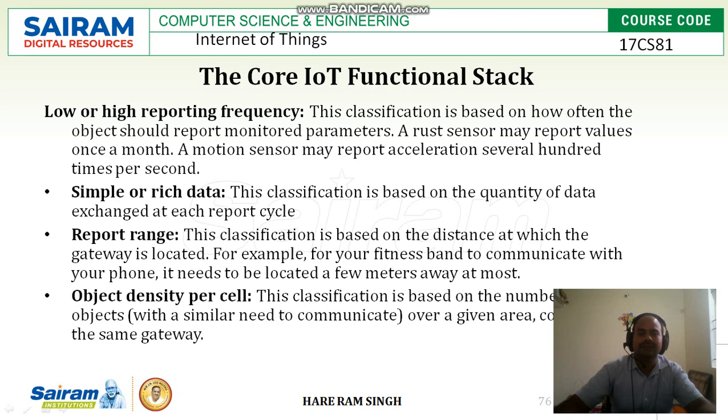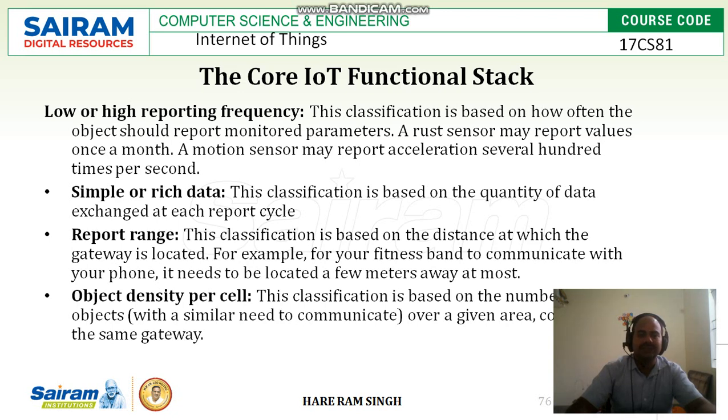Another is simple or rich data. Some objects generate data very fast, like mobile, laptop, and all those things. With the help of social media, with one click, data can be generated. But some objects like washing machine, fridge, and all those things don't generate data so fast.